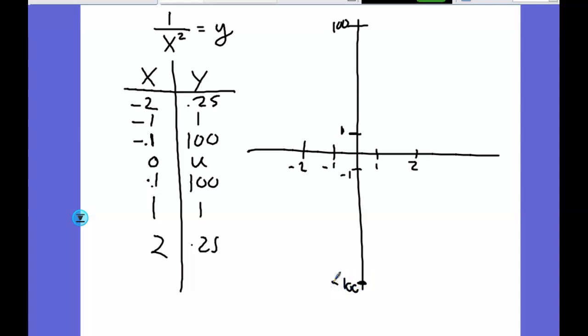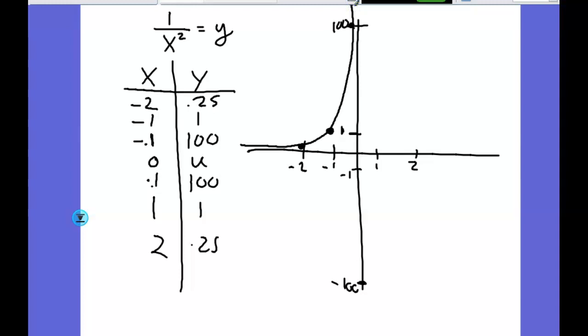Okay, so let's see what this looks like then. At -2, we're at +0.25, so we're actually above the x-axis. At -1, we're at +1. And then at -0.1, which is really close to the y-axis on the left, we're all the way up here at 100. So now we have the same shape we had before, but it's up here.